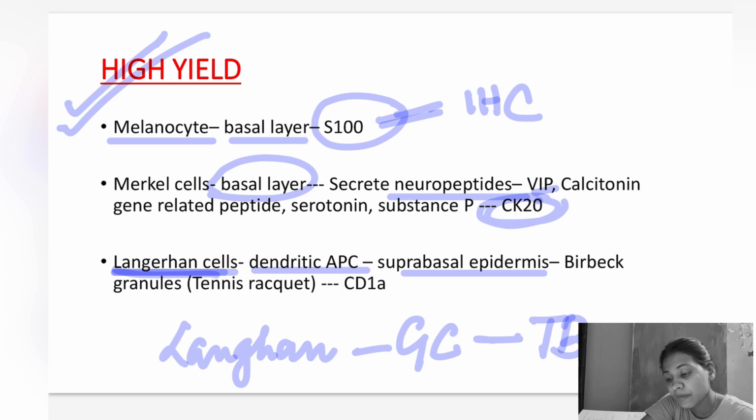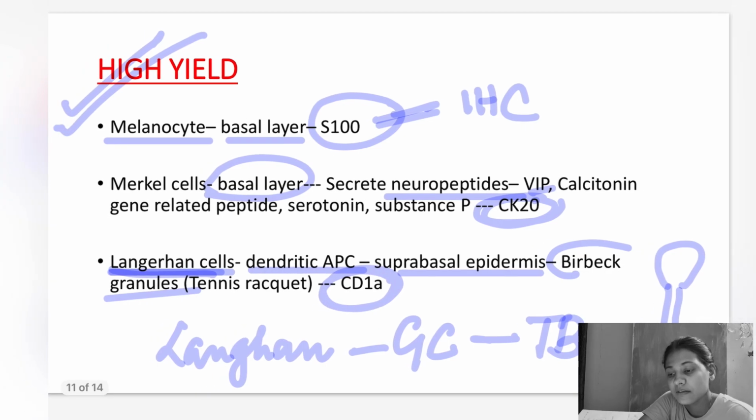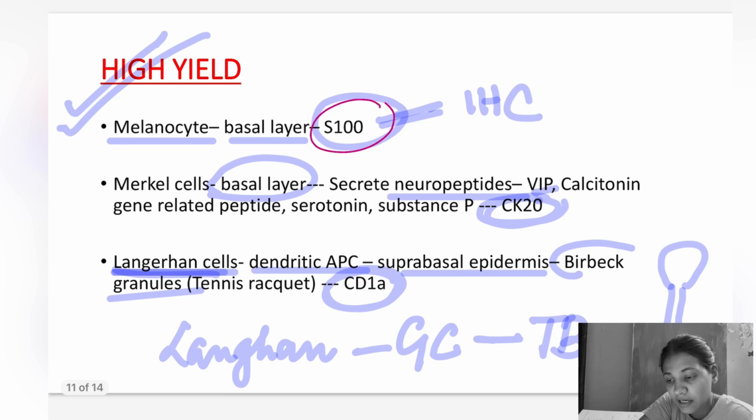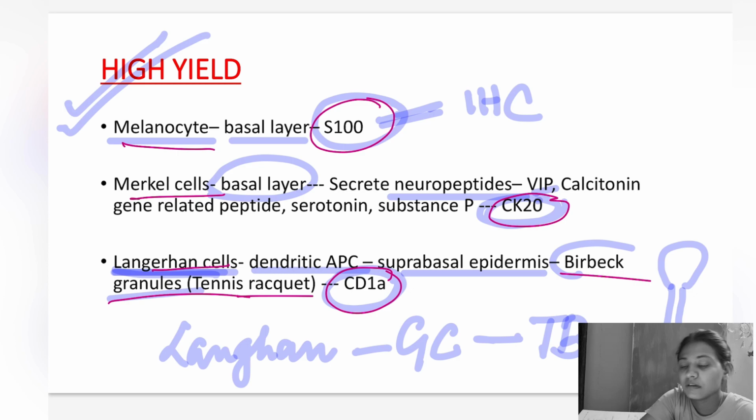Again, on electron microscopy, it appears as Birbeck granules. They have a tennis racket appearance and they stain with CD1a. So this is important: S100 for melanocyte, Merkel cell CK20, Langerhans cell CD1a, and the presence of Birbeck granules, tennis racket appearance.